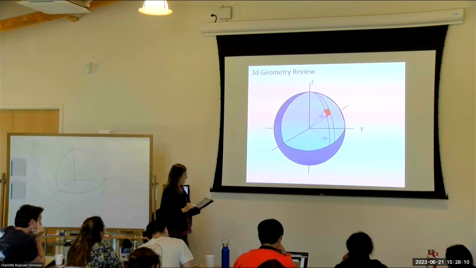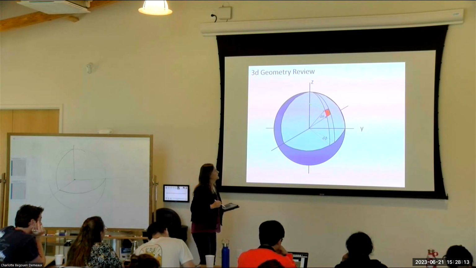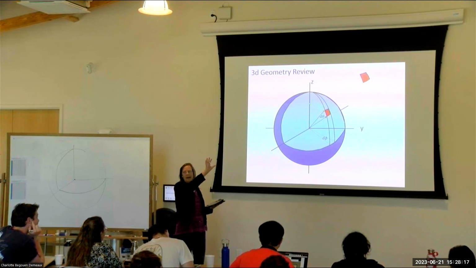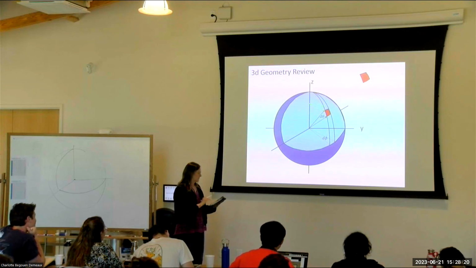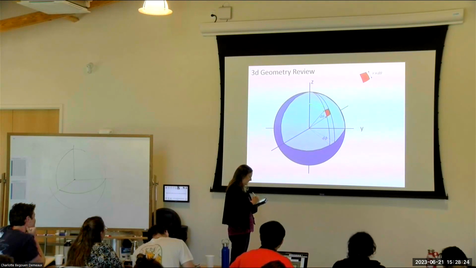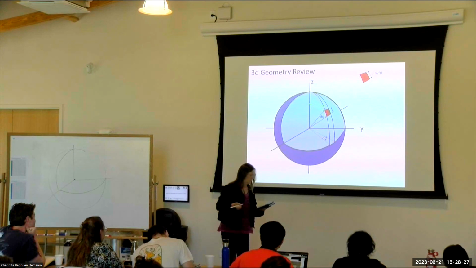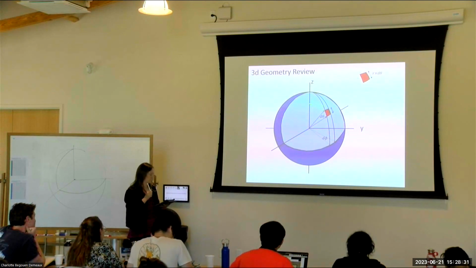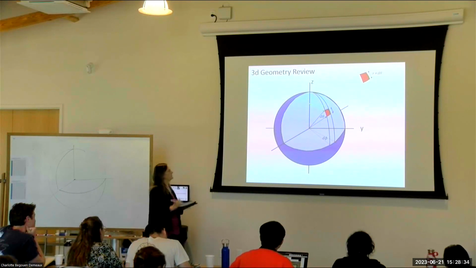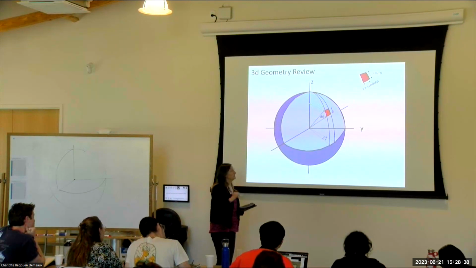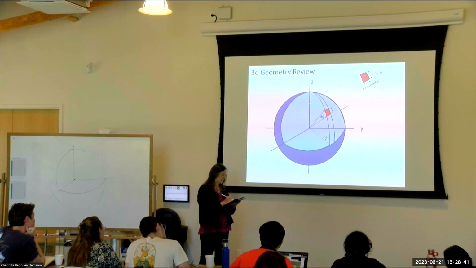I'm going to remind us that when I move that little surface area out into space, the length that I'm trying to get here is R d theta, the length of R times that little increment of d theta. But the length over here is going to be R sine theta.